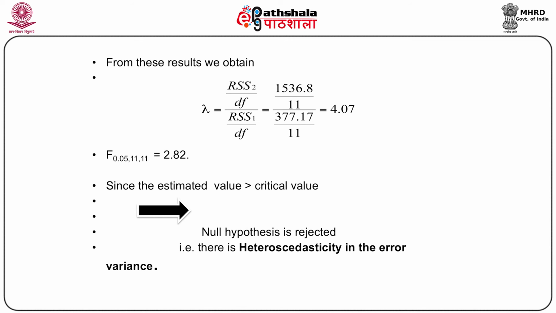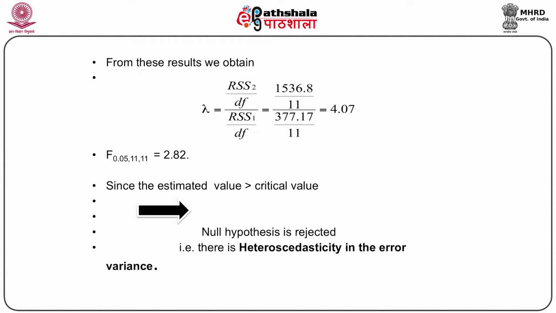Now from the two residual sums of squares, we obtain the value of the F test statistic, which is given by the residual sum of squares of the second model divided by degrees of freedom over the residual sum of squares of the first model divided by degrees of freedom, which equals 1536.8 divided by 11 over 377.17 divided by 11.